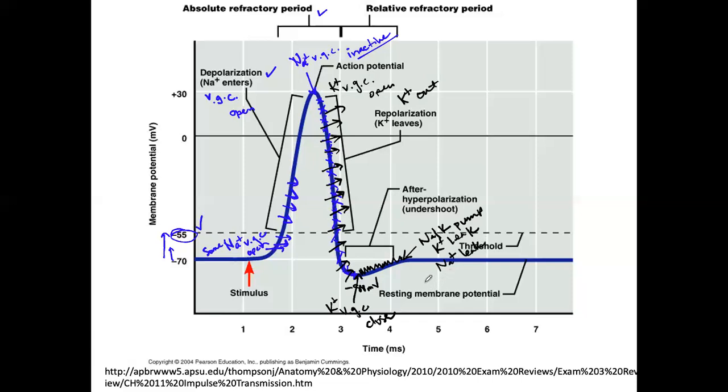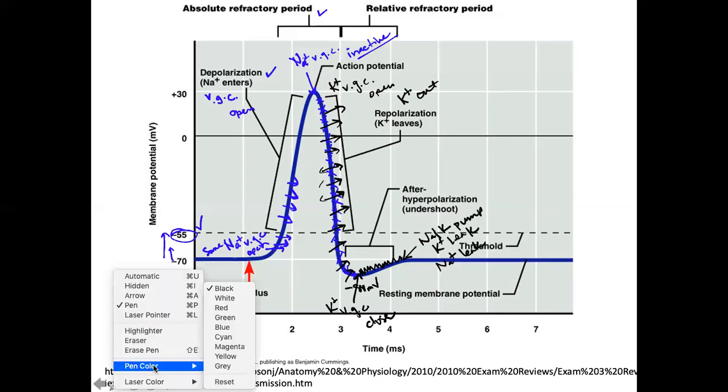Okay, let's go back to sodium. So if you notice the sodium voltage gated channels are inactive for a certain amount of time, this makes sure that you can't get another action potential. Okay, relative refractory period is up here. So relative refractory period is when those sodium voltage gated channels have changed to closed.